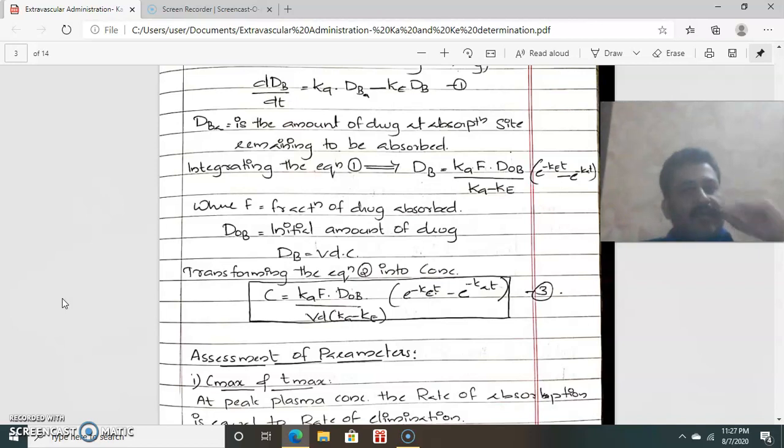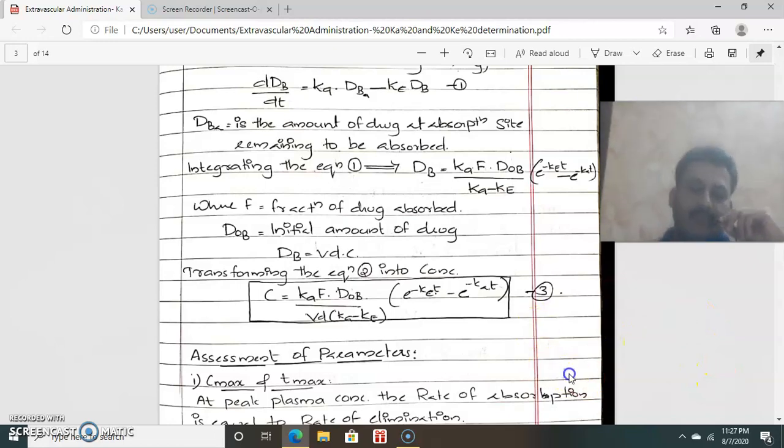So we got the derived equation, that is the concentration of the drug administered extravascular following one compartment model. This we got an equation for concentration, that is C is equal to K into F into D0 divided by Vd into Ka minus Ke into e raised to minus Ke into t minus e raised to minus Ka into t.